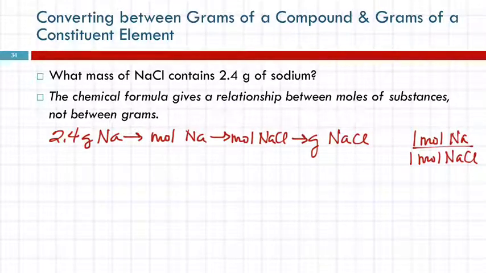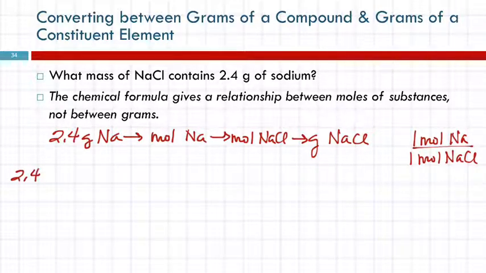And then using the molar mass of sodium chloride, I can get the mass of sodium chloride. Now, it may seem like there's a lot of steps here. Once you become familiar with the steps, you can do them very quickly, and all you need is a periodic table. Could it be done shorter? Well, yeah, but then you'd have all these other factors that you'd have to remember, and it's not worth it. So that's what we're going to do.